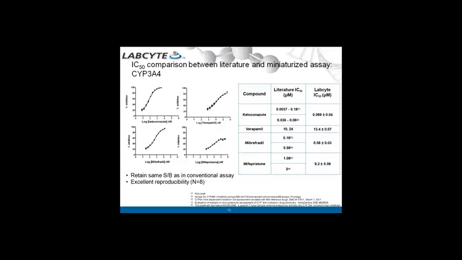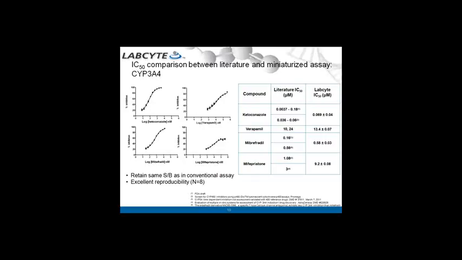So this slide shows the data comparison between conventional assay format and miniaturized assay. Plot on the left shows IC50 determination on 4 compounds against CYP3A4 in the miniaturized assay. Each point on the curve is average of 8 replicates. As you can see, miniaturized assay generates superb quality data and excellent reproducibility.